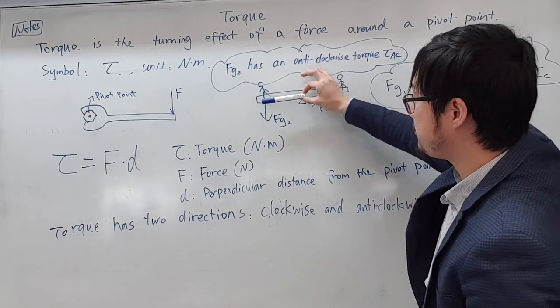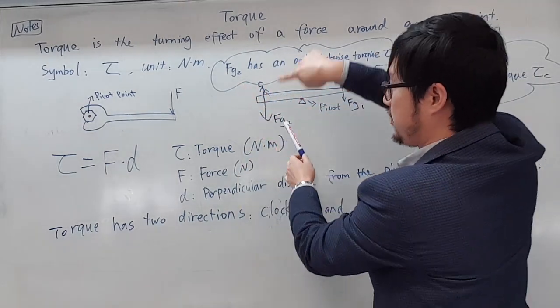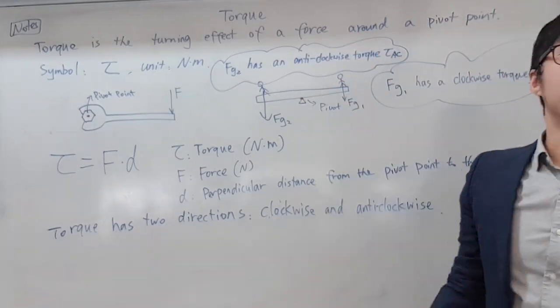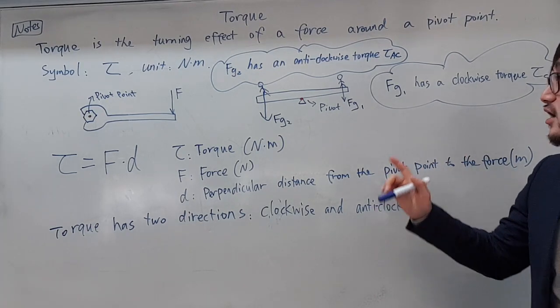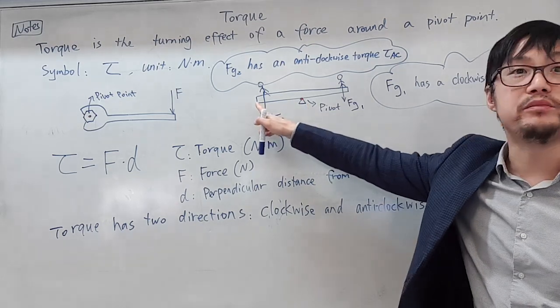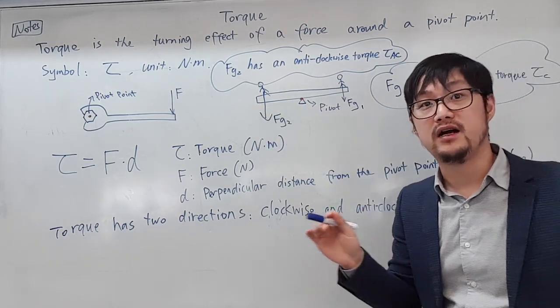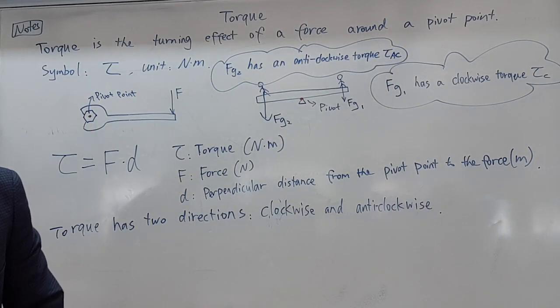Or you hold the pivot point, you give the force, oh, that's going anti-clockwise. If you're not too sure, have a look at your watch, then you will be able to see it, okay? Sometimes it can be very confusing because the pivot point is not always in the middle. Sometimes the pivot point could be on the side. Does that make sense? Okay, sometime I'll give you guys some questions a bit later, okay?